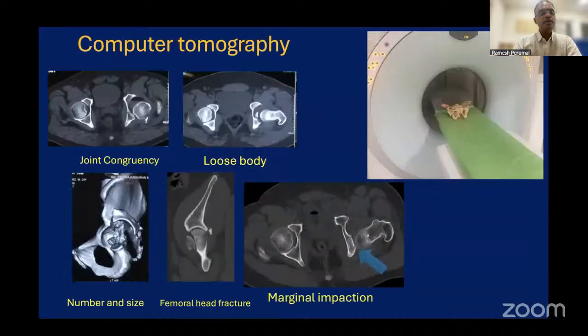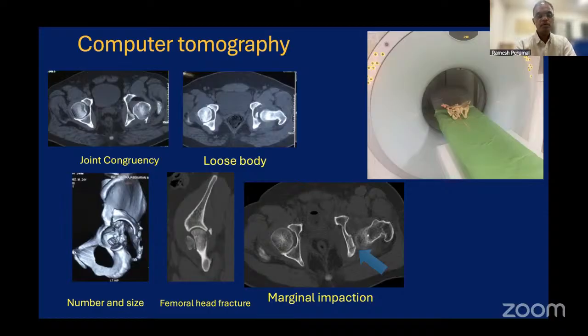Computed tomography has revolutionized acetabular fracture management, because certain findings are very obvious in a CT scan, whereas they are doubtful in an X-ray. The other things are the joint congruency and the presence of intra-articular loose fragments, and also the number of fragments in either the anterior or posterior wall.